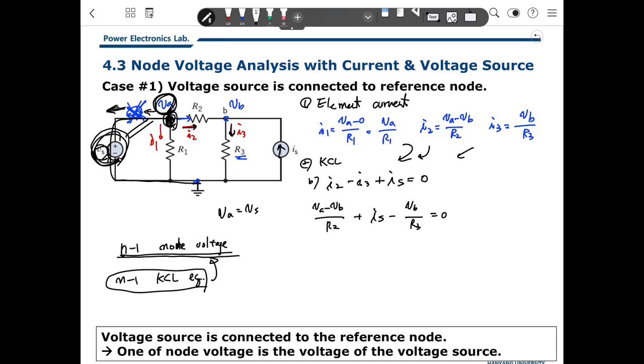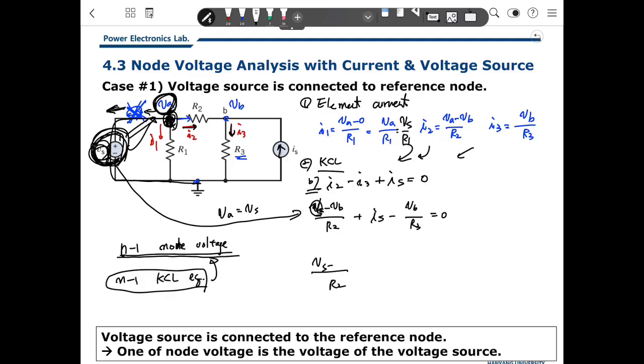We should know about VA, but you already let me know VS. So we do not need to make a KCL at node A anymore, because the voltage source gives me the solution for the node voltage here. Instead, in node equation B, we insert VA as VS, so that is VS over R1.